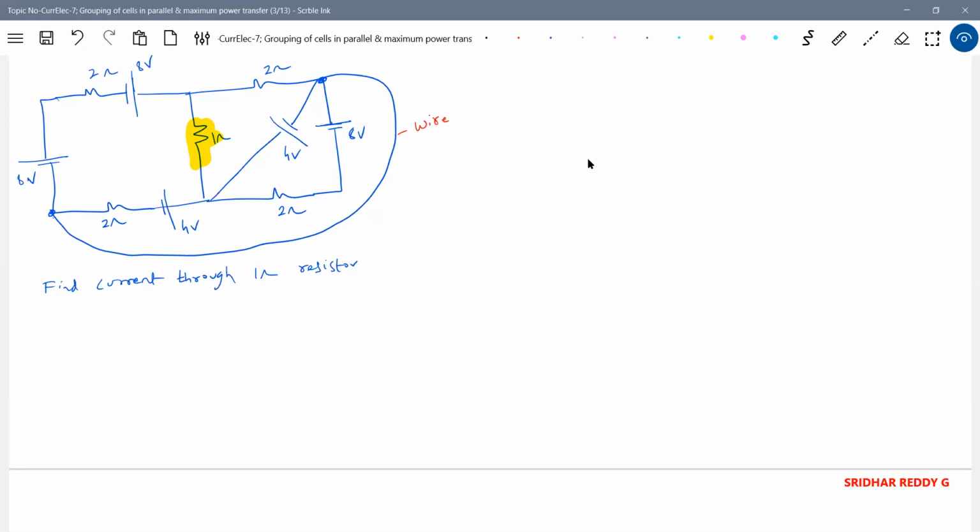Okay, the terminals which are there, you can give some name, A, B, where the wire is connected.